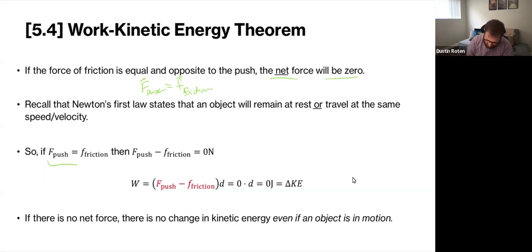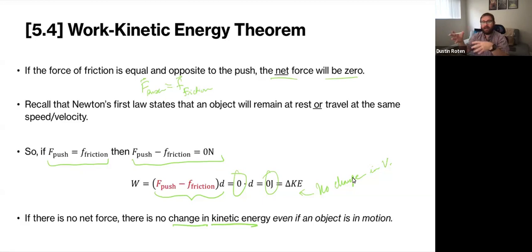So if we subtract them, if they're equal, there's 0 newtons in there. That means this whole piece for the work calculation becomes 0, which means 0 joules of work is being done, which means no change in the kinetic energy or the velocity. So if there's no net force, there's no change in kinetic energy.